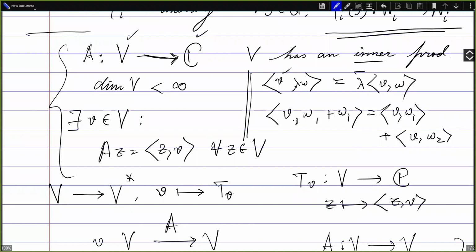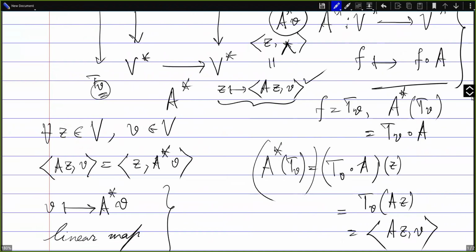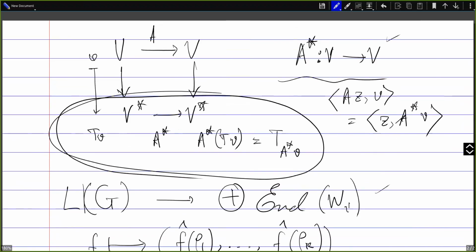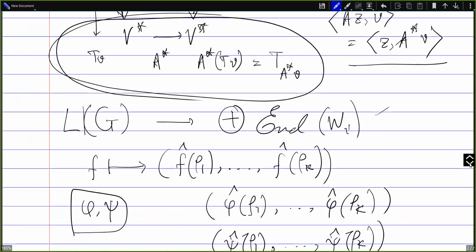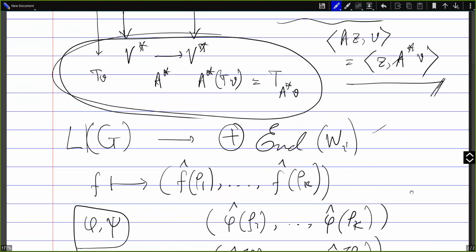Then we reviewed some basic stuff that shows that whenever we are working in a finite dimensional complex inner product space, we can regard the dual map as a map from V to V itself, which is defined like this. This is a very general observation in linear algebra.